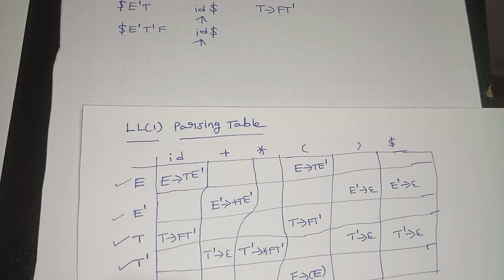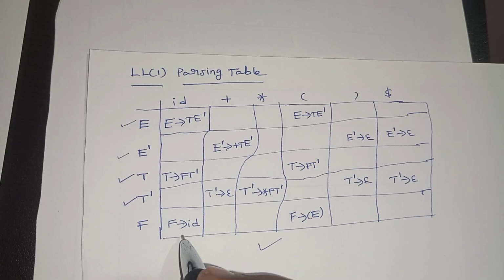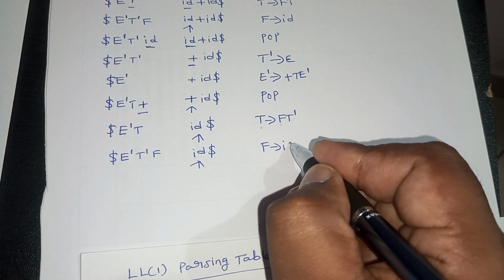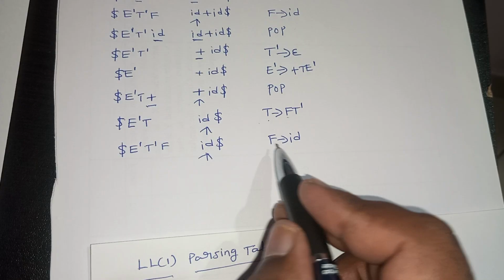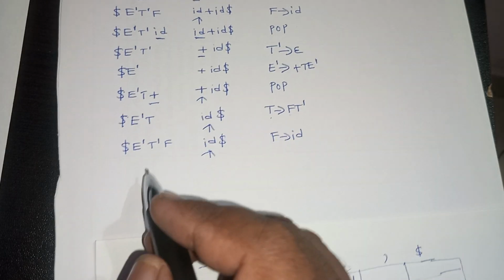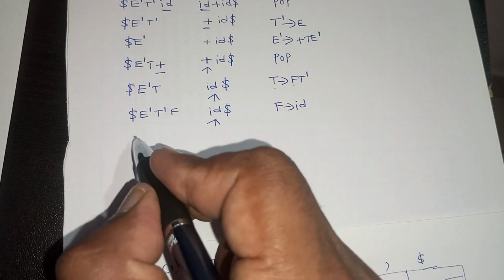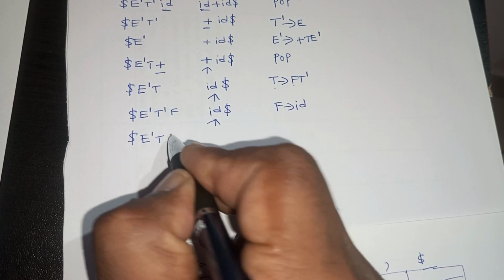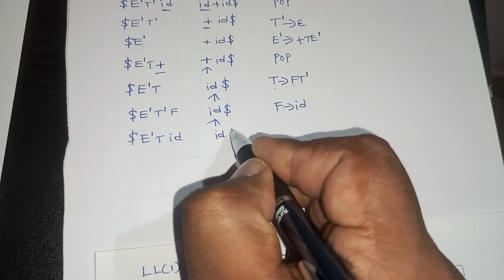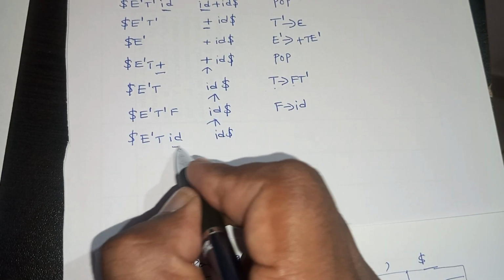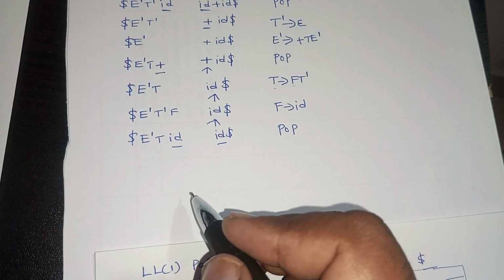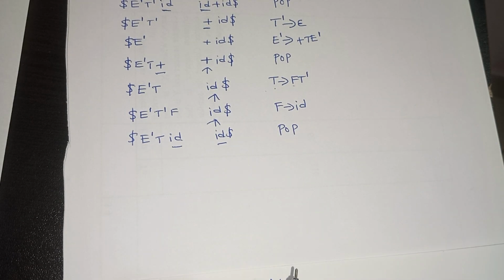What is f on id? F on id, it is f tends to id, so in the place of f you write id. Then what will happen? So dollar e dash t dash id, id dollar, both are matching, you write pop.